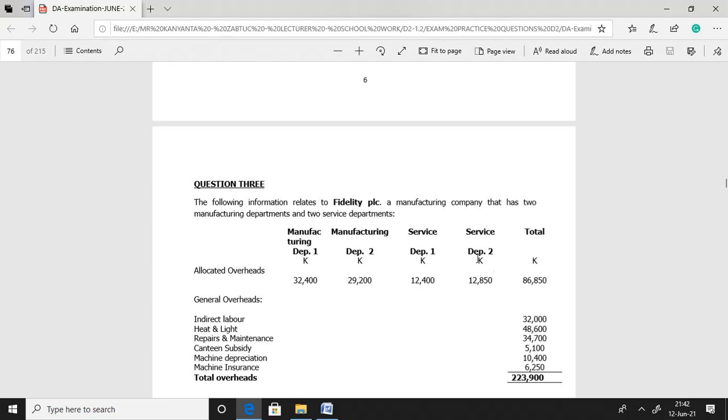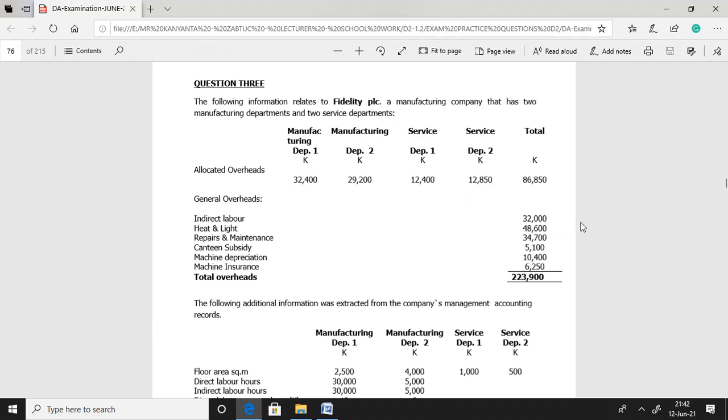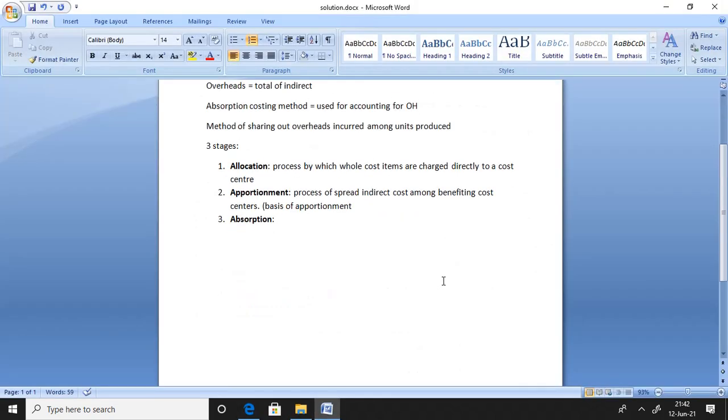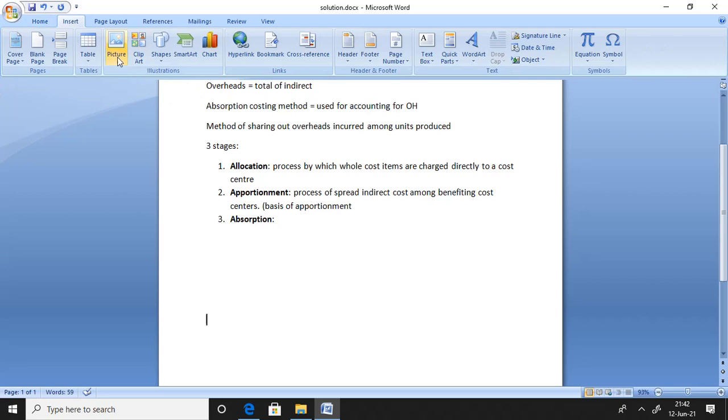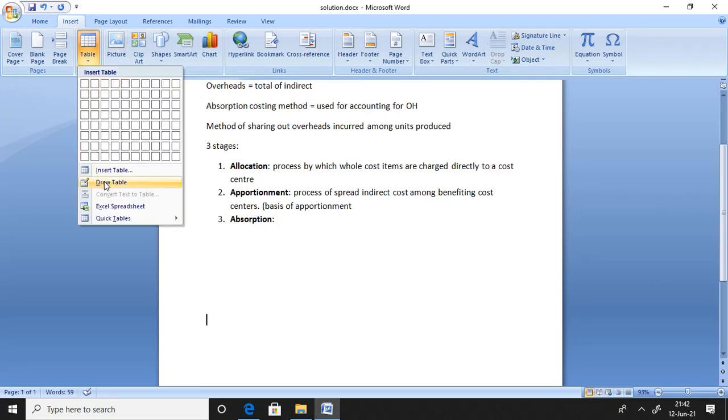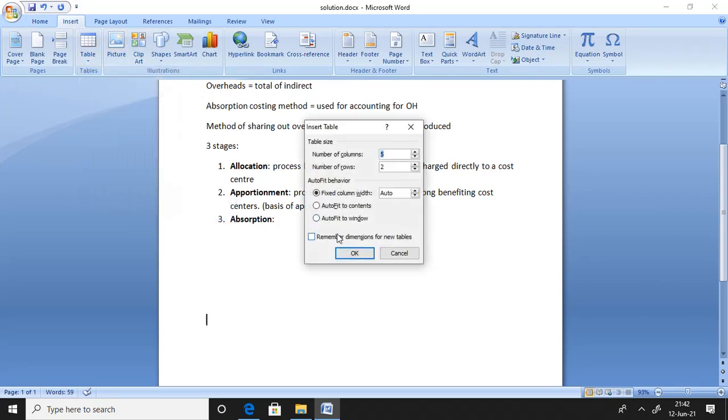So let's start. We have 4 departments, so you need about 6 columns to work out those things. I'll insert a table that has 6 columns, and I hope this will be enough.